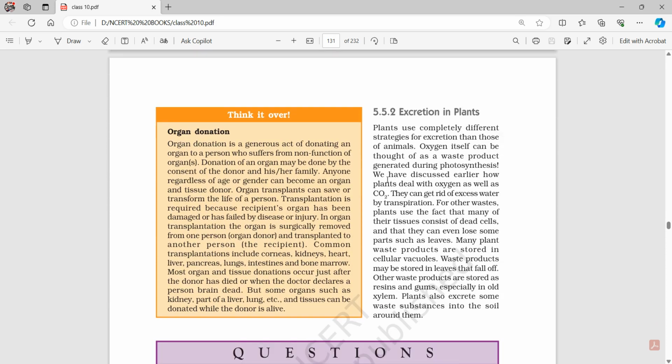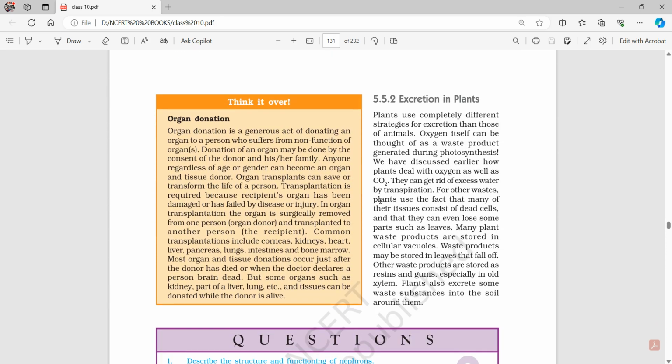5.5.2 Excretion in plants. Plants use completely different strategies for excretion than those of animals. Oxygen itself can be thought of as a waste product generated during photosynthesis. We have discussed earlier how plants deal with oxygen as well as CO2. They can get rid of excess water by transpiration. For other waste, plants use the fact that many of their tissues consist of dead cells and they can even lose some parts such as leaves.